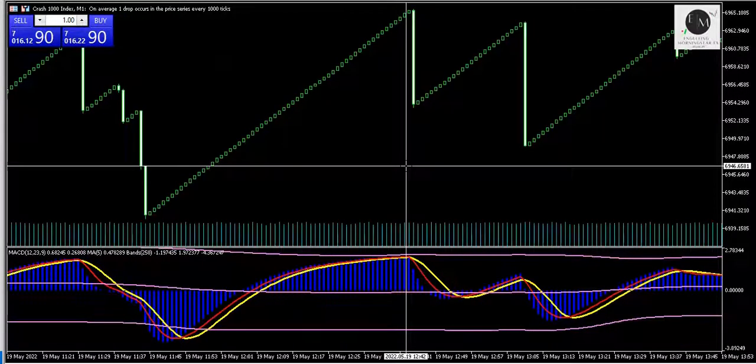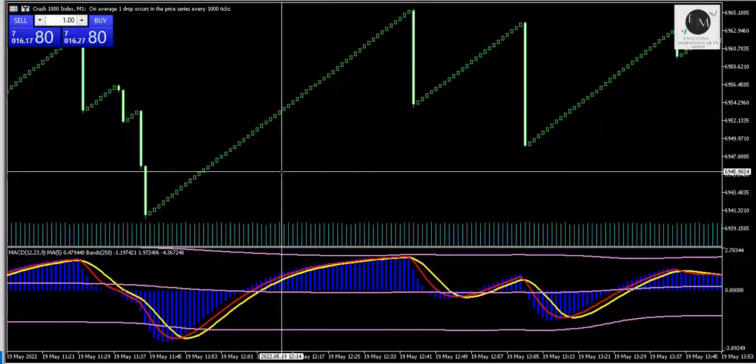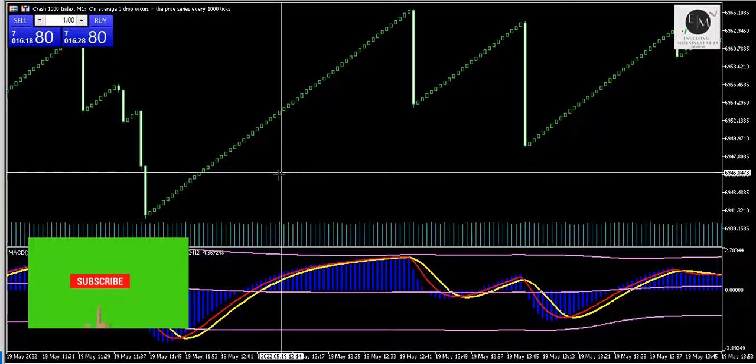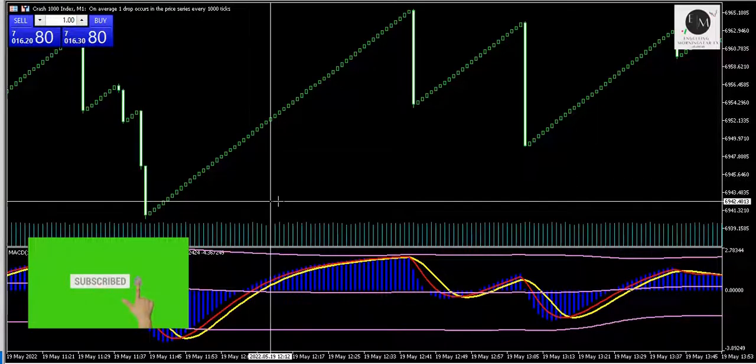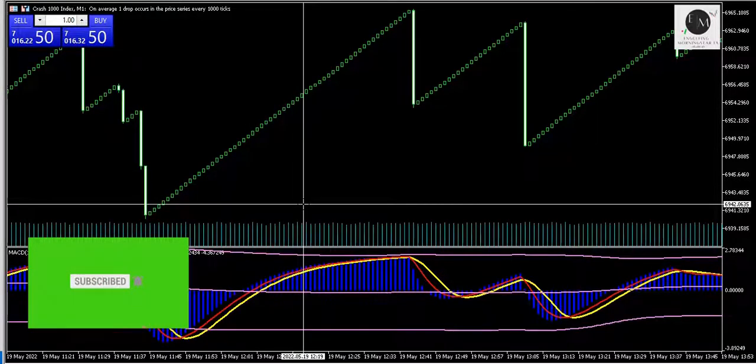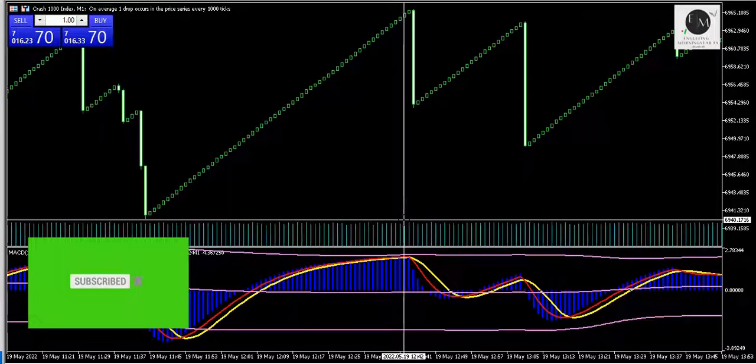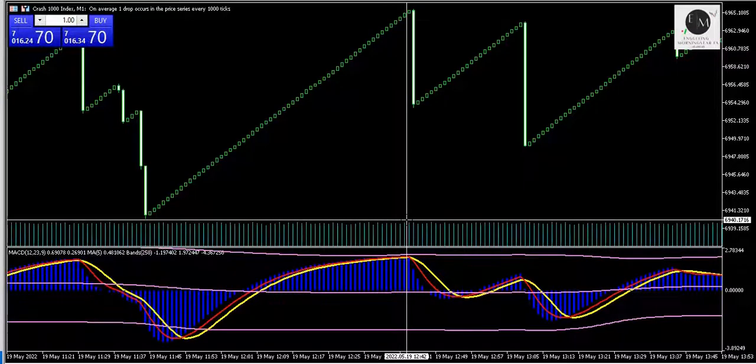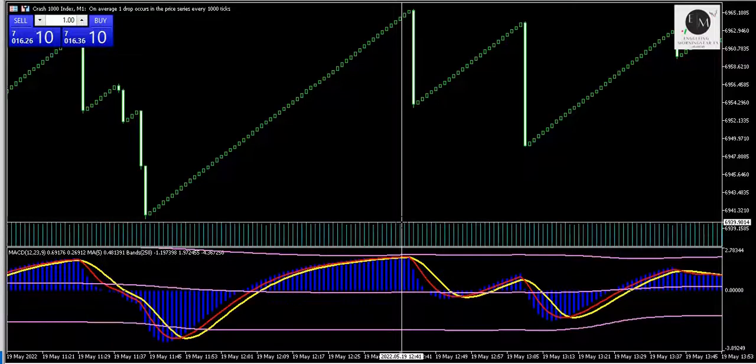The boom that I used earlier on is boom 500. So this is crash 1000, and I need to make emphasis on this, that this strategy works best with boom 1000 and crash 1000.